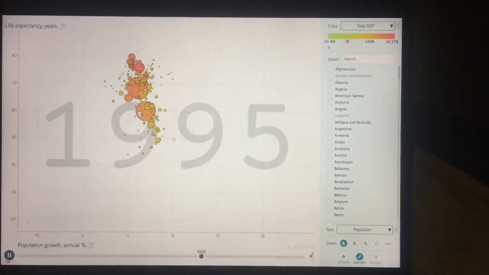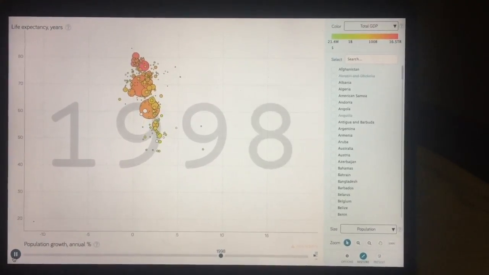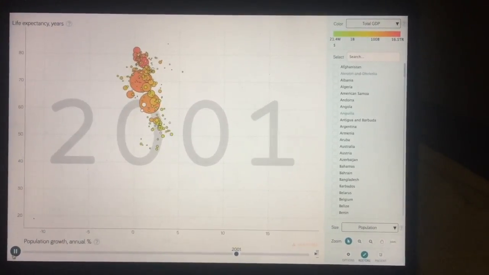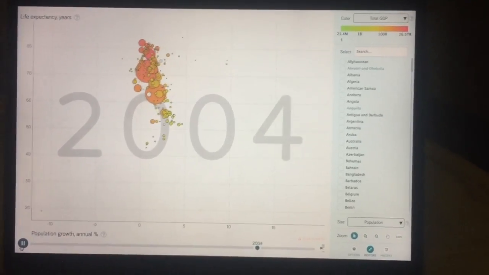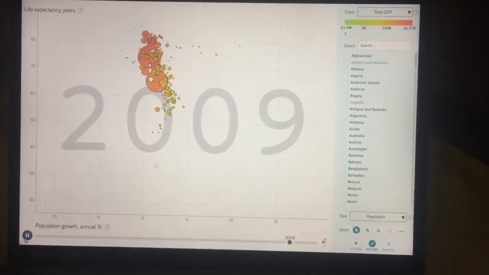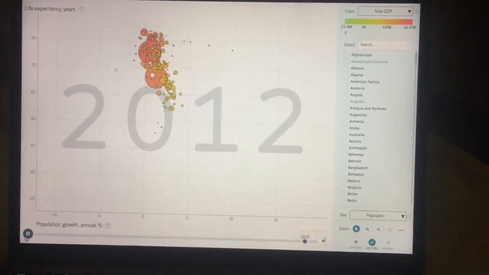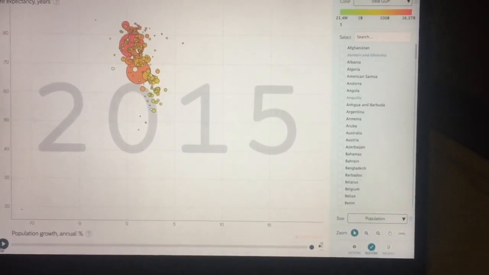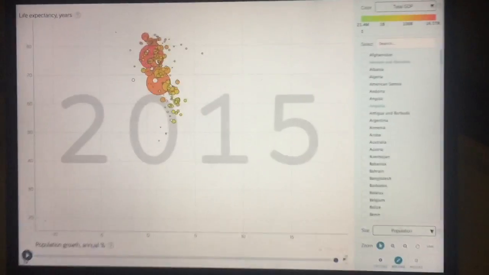We can see this by nations turning more pink as they go up and further to the left. What this shows is that life expectancy is a factor for population trends as it affects the population rate, and as population growth increases, GDP decreases.